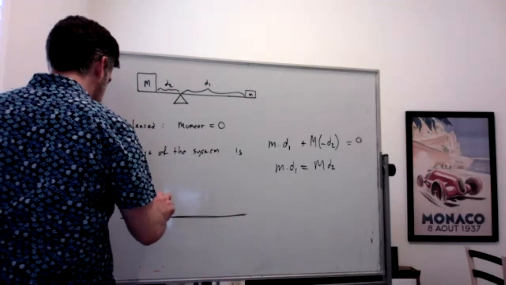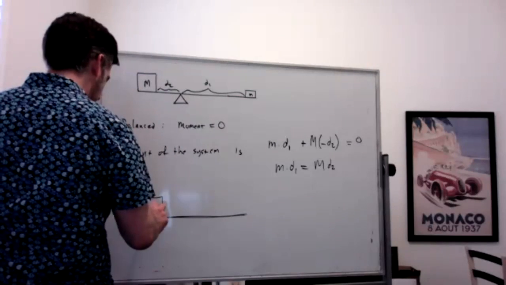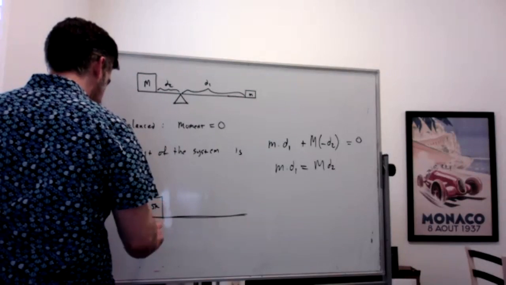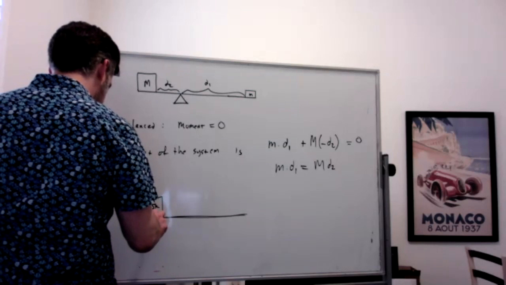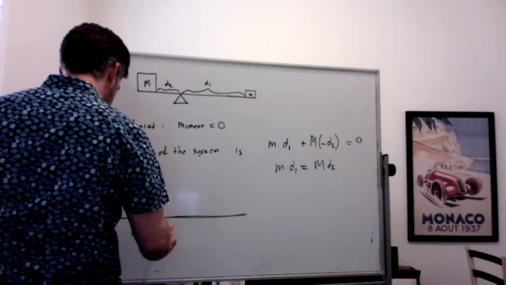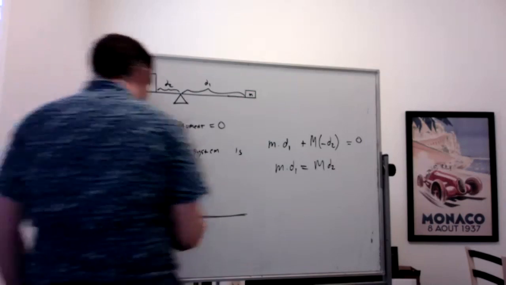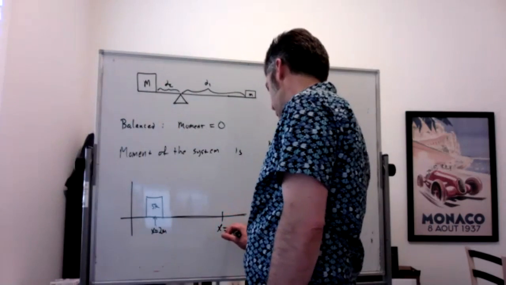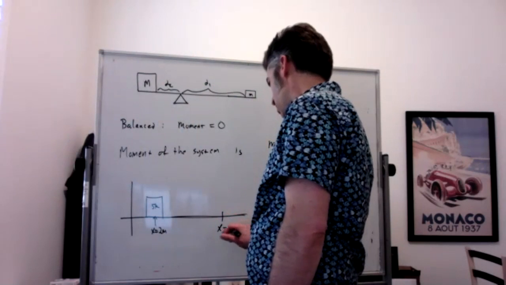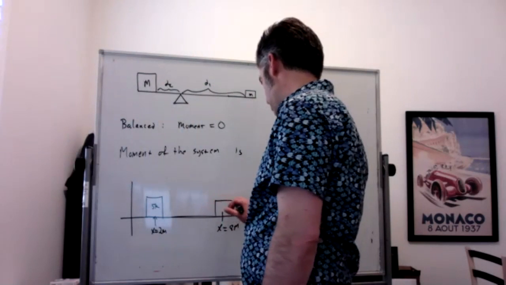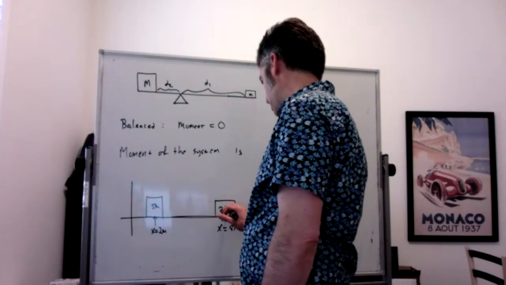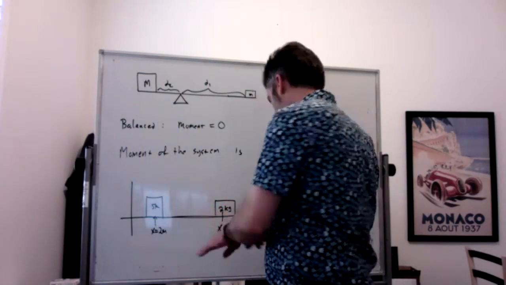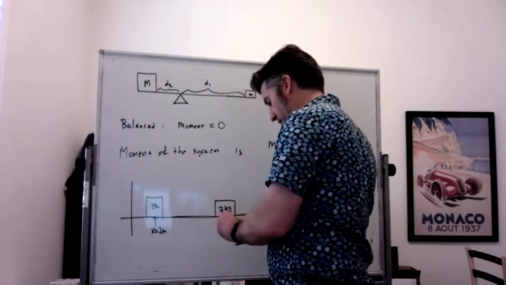Let's say it has a mass of 5 kilograms, and it's located at x equal to 2 meters. And then further out, x equal to 8 meters, we have a mass of 2 kilograms. So what is going to be the center of mass?